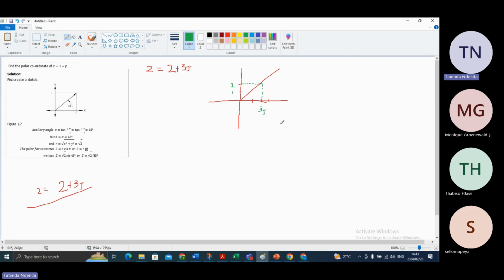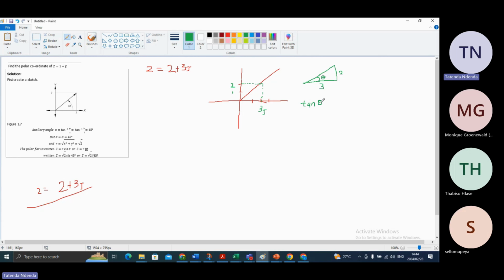Now to get those other things, we have this one as 3, this one as 2, and this one as theta.